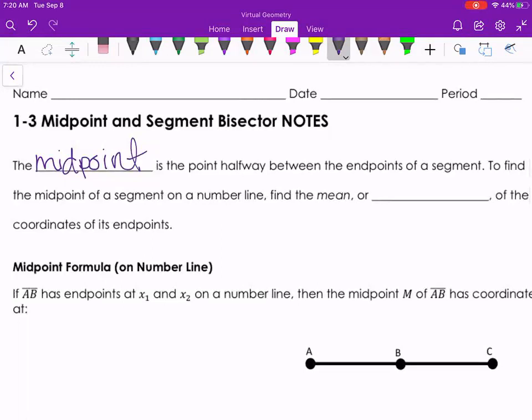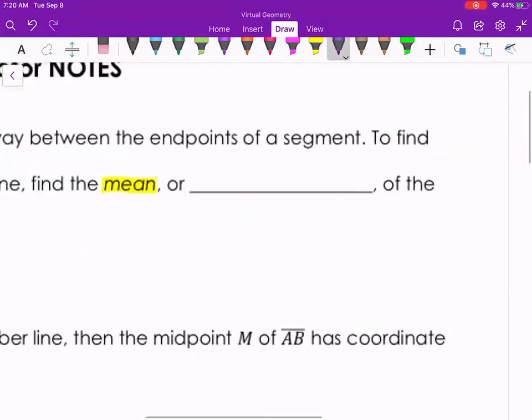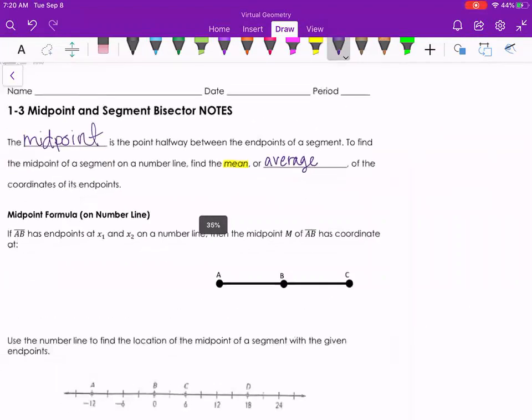So we're going to look at a couple of ways that we can find the midpoint, depending on how your segment is shown to you. To find the midpoint of a segment on a number line, we're going to find the mean, also known as the average, of the segment's endpoints.